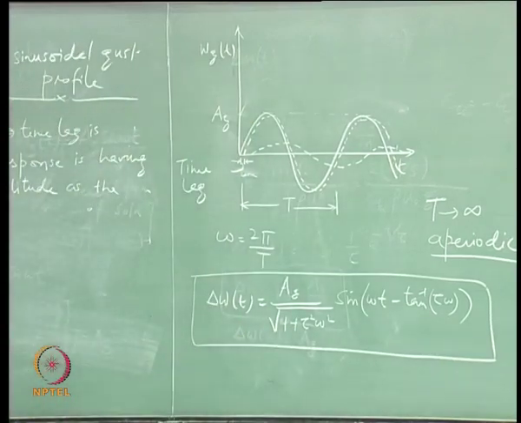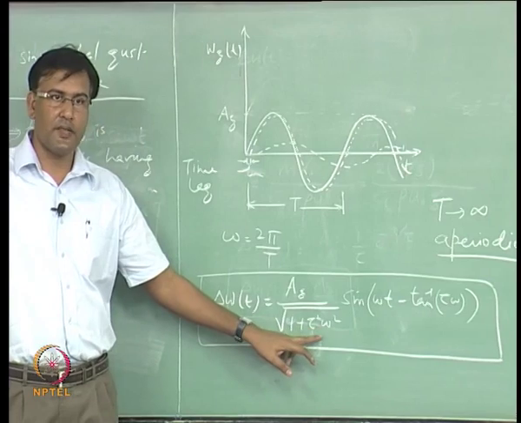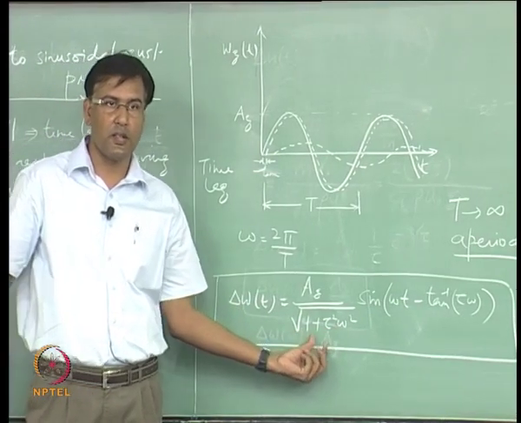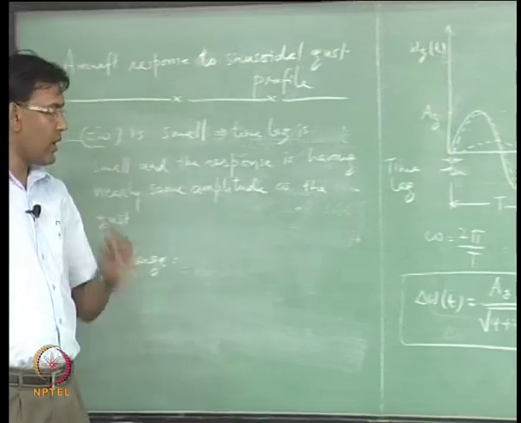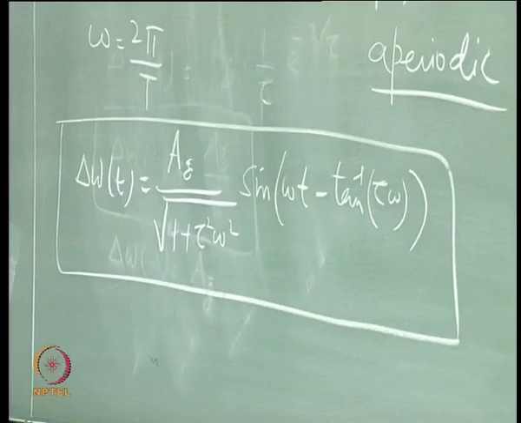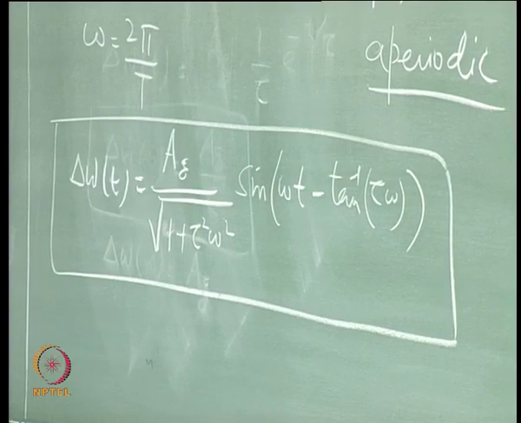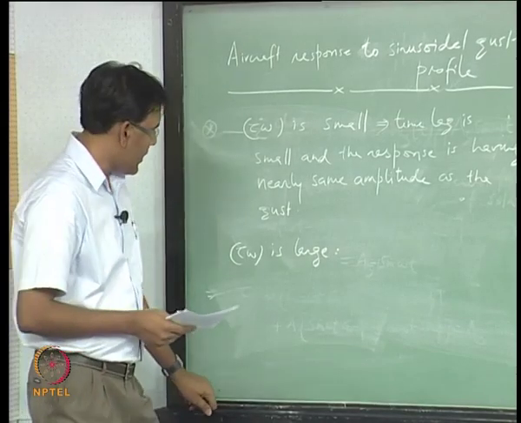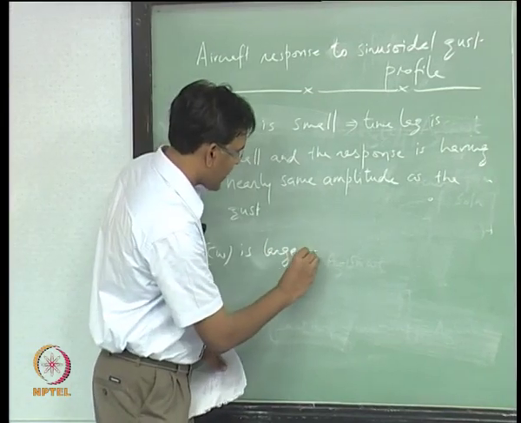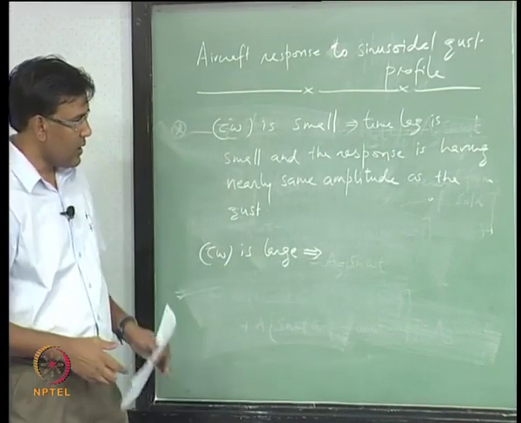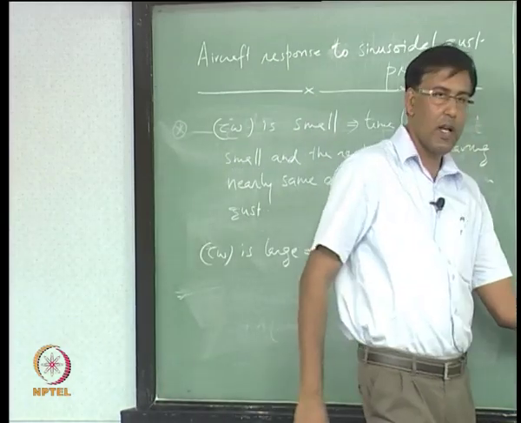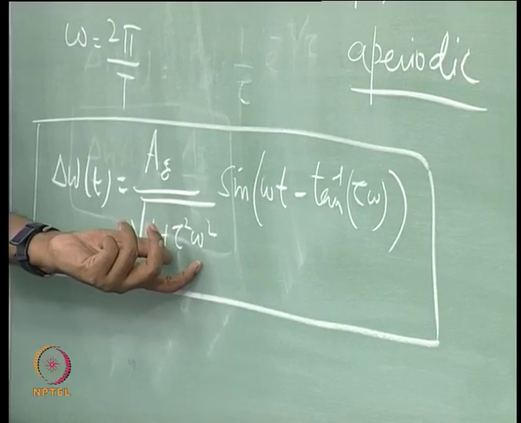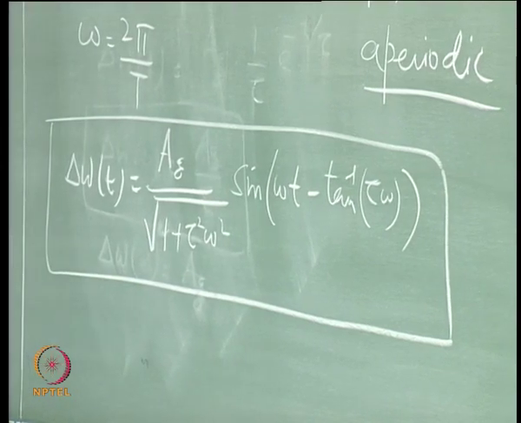Okay, let's say this omega is fixed and we have control over this time constant, right. Time constant is related directly to the wing loading, isn't it. So, if you go by that argument, then this quantity is going to be large for airplanes having large wing loading, right, and the amplitude of response is going to be flattened, right?